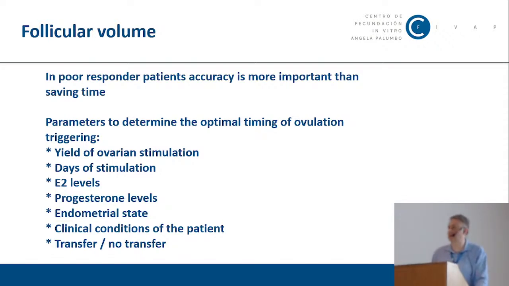To personalize stimulation, it is important to weigh each of these parameters according to the patient and the cycle proposed. For example, see if the patient is going to a fresh transfer or a freeze-all or PGT.